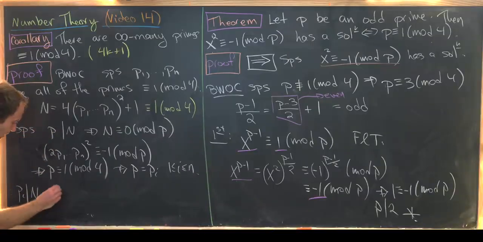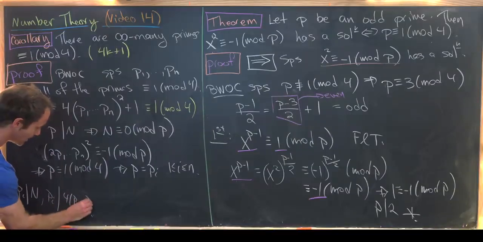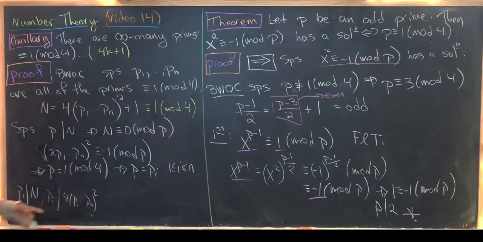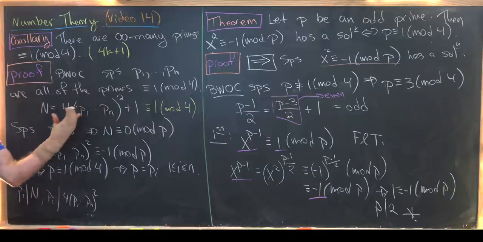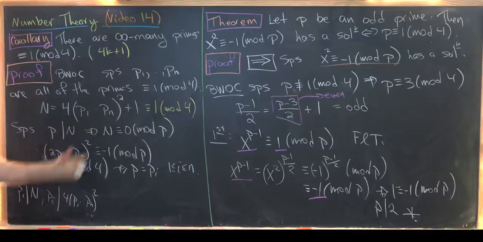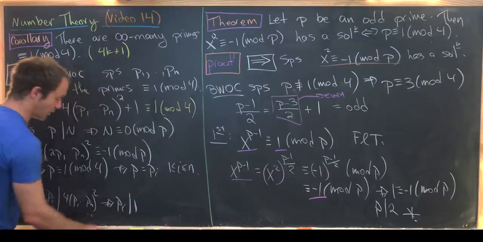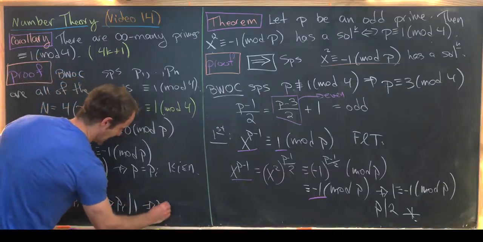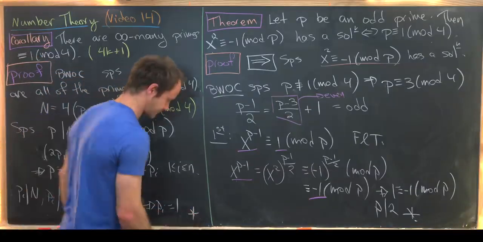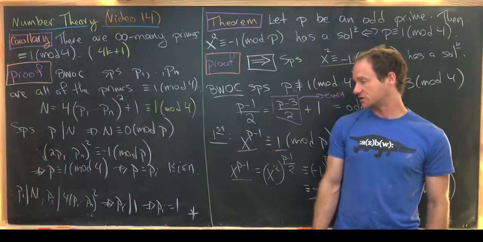But Pi also divides this 4 times P1 up to Pn, squared. Well, that's obvious because Pi is one of the terms in this product. But now Pi divides this difference. Well, what's the difference? The difference is exactly 1. So we have Pi divides 1, but that tells us that Pi is equal to 1, but 1 is not a prime number. So that leads us to our contradiction.